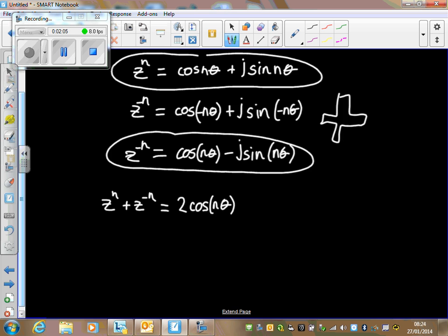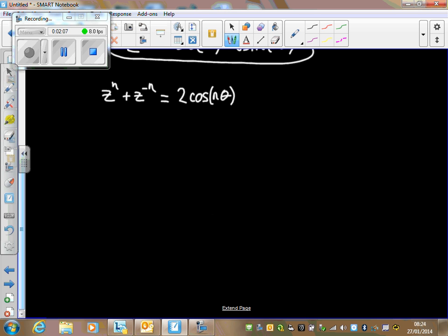The J sine n theta plus minus J sine n theta disappears. Therefore, we get the really important result that cos n theta is equal to Z to the n plus Z to the minus n all over 2.